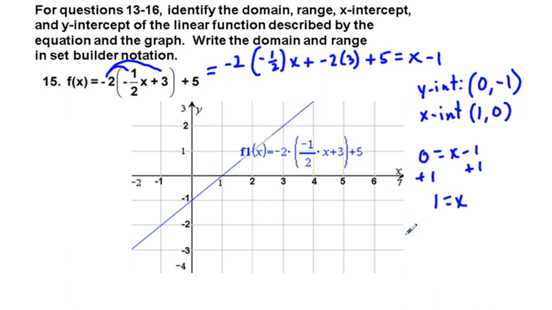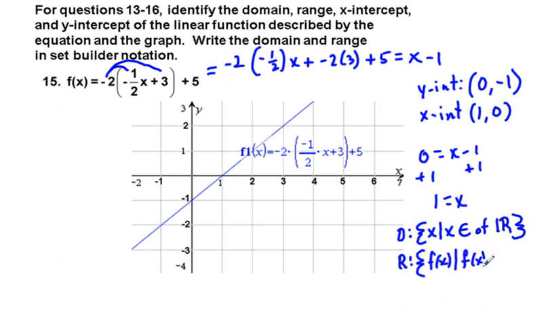And in set builder notation, our domain is going to be x such that x is an element of all real numbers, and then our range is going to be f of x such that f of x is an element of all real numbers.